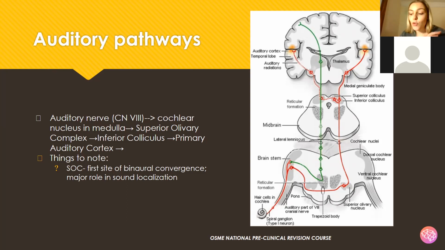And for binaural convergence, the medial superior olive receives excitatory input from both sides, so both ears, and the lateral superior olive receives inhibitory input from the contralateral side. So this means that these olives are sensitive to interaural phase differences.